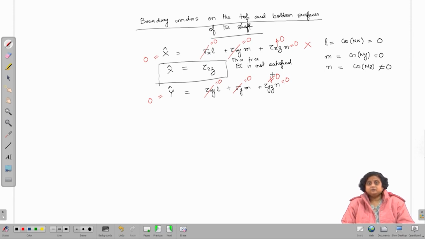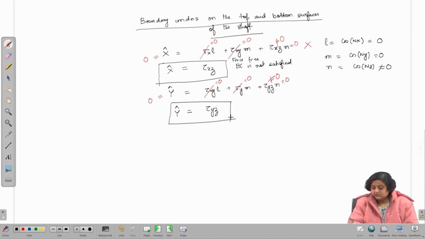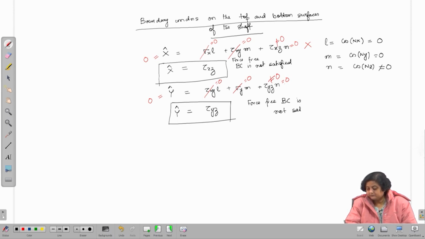So, similar to the x direction force, this boundary condition is also not satisfied. So, I have y hat equals to tau y z remaining. So, this is a concern, right. So, the force free boundary condition is not satisfied for the top and bottom surfaces. For lateral surfaces, everything is fine, everything has been satisfied.